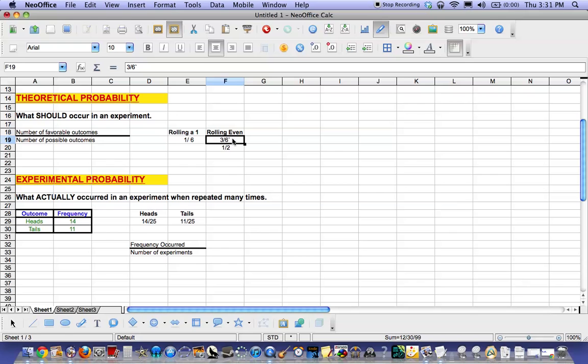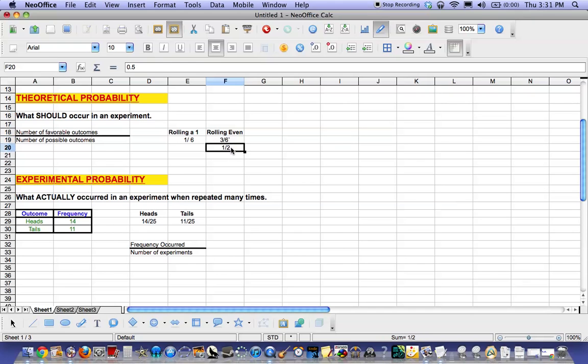As most of us know, theoretical probability isn't always 100% accurate. You can roll a die 100 times, and the theoretical probability doesn't guarantee that you're going to get an even number 50% of the time or every 3 out of 6 chances.